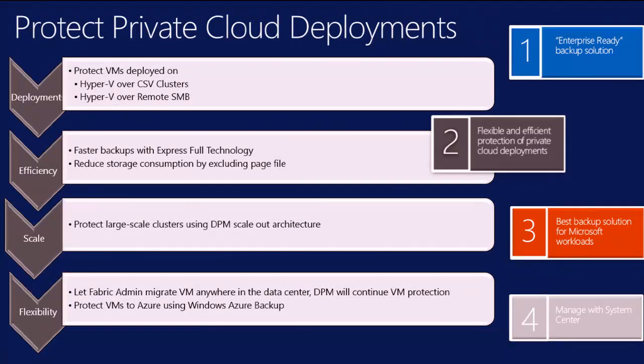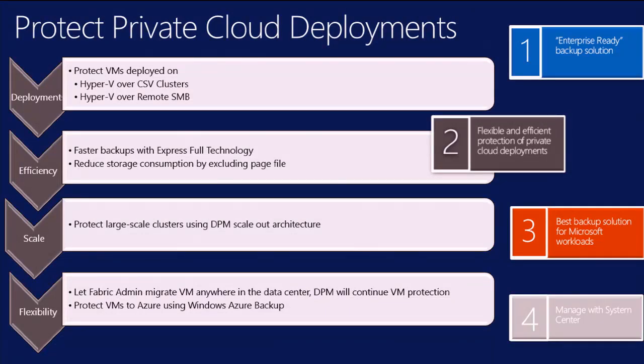Also, as the environment is becoming more and more virtual, your fabric administrator, who is managing using VMM, is under pressure to manage the workloads and make sure that his fabric is running efficiently, which means that he migrates VMs back and forth from cluster to cluster, or standalone to cluster, which is enabled in Windows 2012. Backups will not fail anymore with DPM.